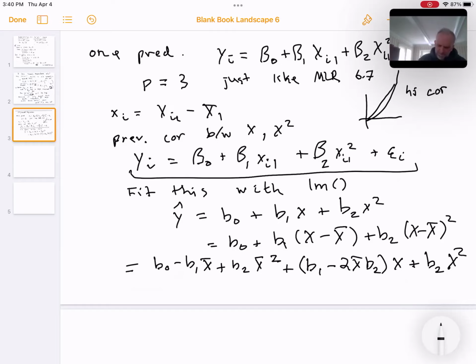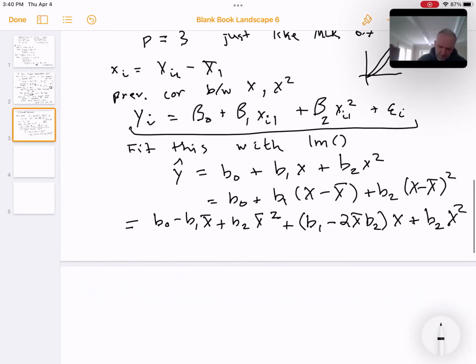So the new, in terms of the original, we can call this B0 prime, B1 prime, say, and B2 is equal to B2 prime. Yep.